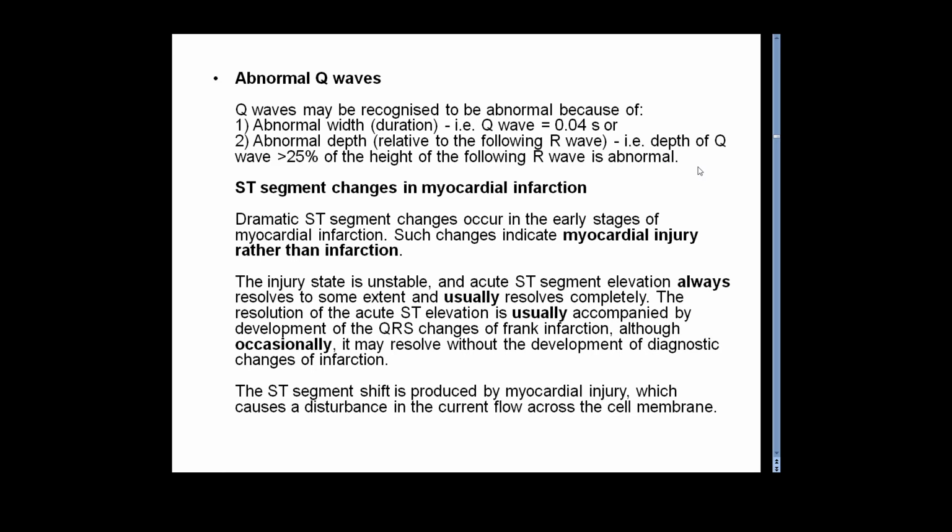Injury state is unstable, and acute ST segment elevation always resolves to some extent and usually resolves completely. The resolution of acute ST elevation is usually accompanied by development of the QRS changes of frank infarction. Also, occasionally, it may resolve without the development of diagnostic changes of infarction.